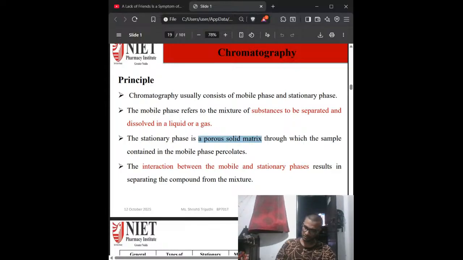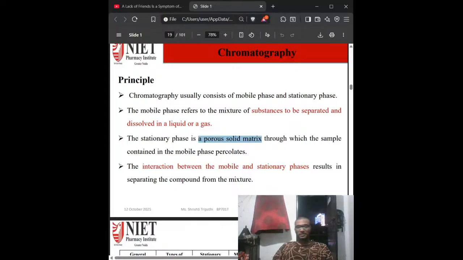Stationary phase: solid porous matrix. Okay, matrix. So it is the sample contained through which the mobile phase percolates.